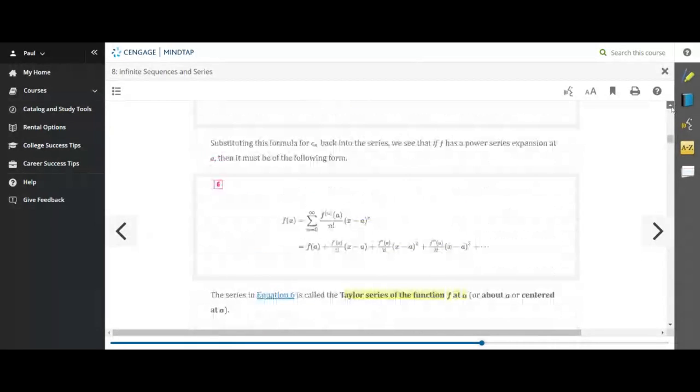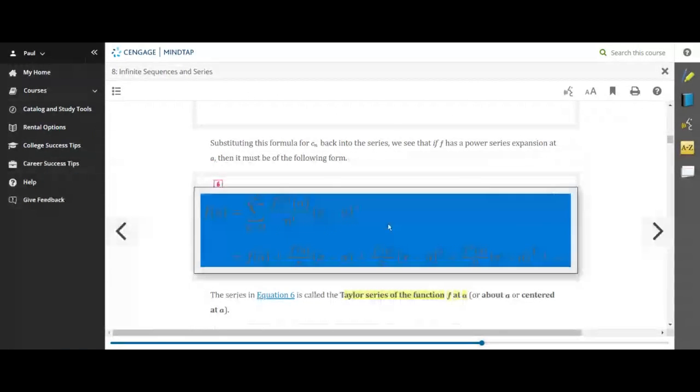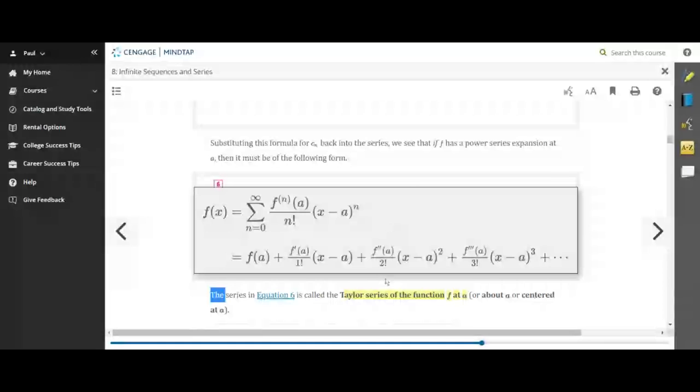Here then I put everything into the formula. Incidentally, let me go to the ebook real quick. So now I'm using this formula.